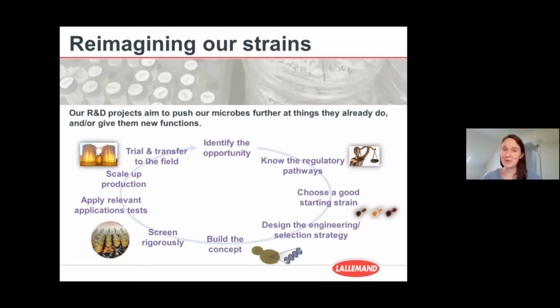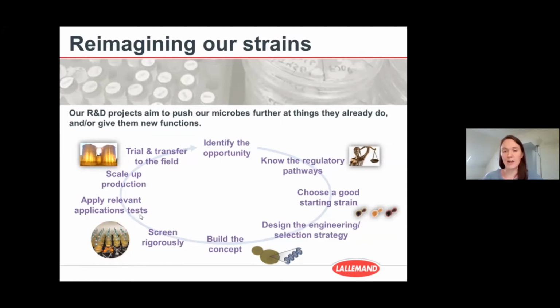So your strain has to be able to do both. And then we want to start trialing and transfer your product concept into the field. And so we follow this product development cycle with all of our new products.